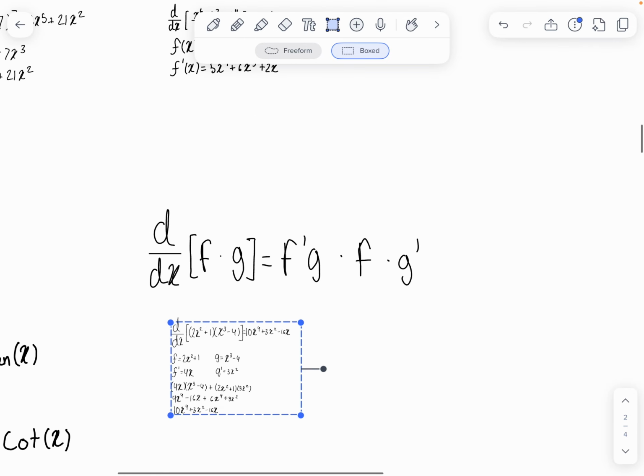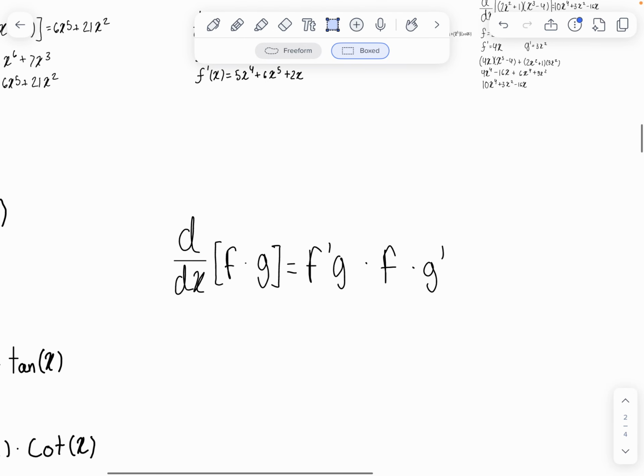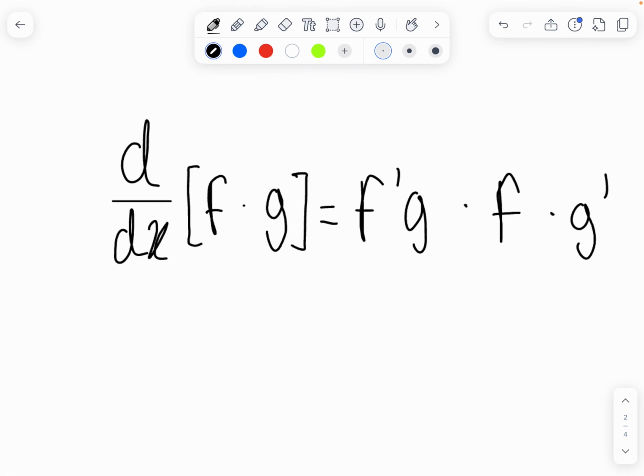Let's move on to something a bit harder. What happens when you have 3 functions multiplying together?